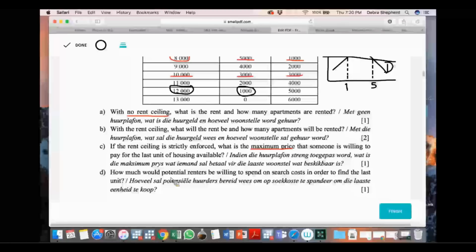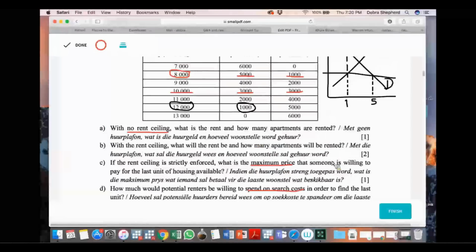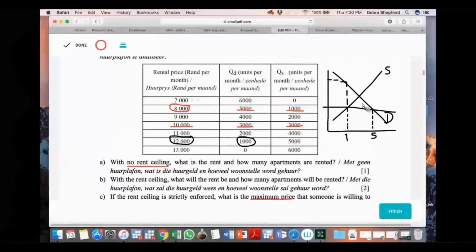Question D then says, how much would potential renters be willing to spend on search costs? So this relates to Dylan's question earlier. So basically, what we see from the picture here is that consumers are only having to pay 8,000 Rand per unit, but they are willing to pay 12,000 Rand for that last unit.